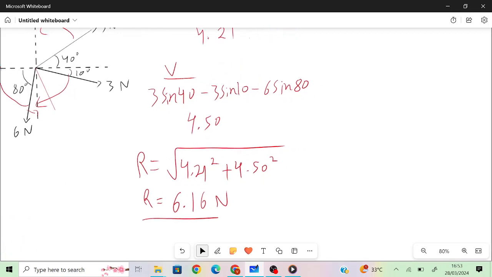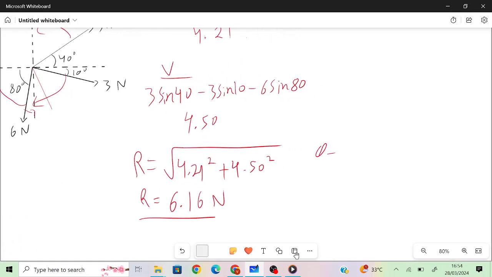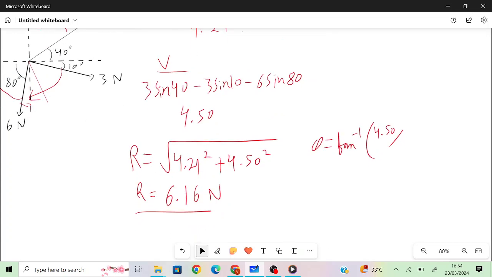And to find the angle it makes, we just do theta equals tan inverse of the vertical, which was 4.50, over that of the horizontal, which was 4.21. Tan inverse of 4.50 over 4.21 is 46.9 degrees.